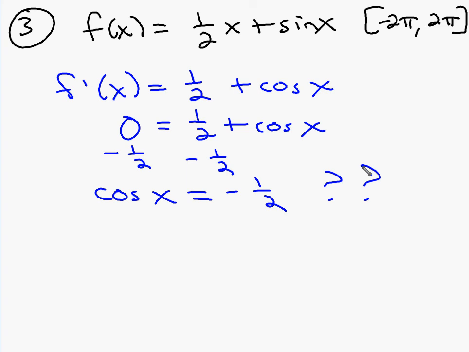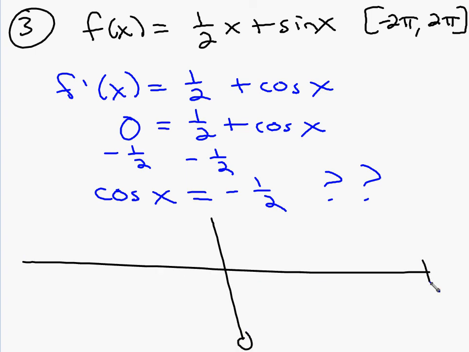And this is why I've tried to preach to you about being able to visualize the graph in your head. We're working from negative 2 pi to positive 2 pi. Here's 0. Here's 2 pi. Over here is negative 2 pi. Here's 1. Here's negative 1. Cosine obviously does this.